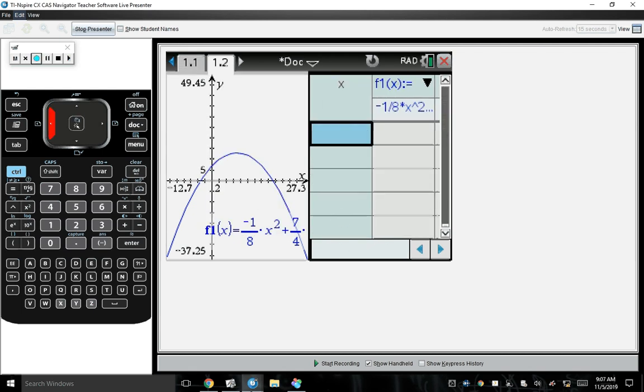Now, like what I did before, I can put 12 and I'll get 10. I can put 6, I'll get 13. I can put 7, I'll get 13.125 because it's stored in the graph with the table. Okay, and I put my independent variable set to ask. Any questions from all of this?